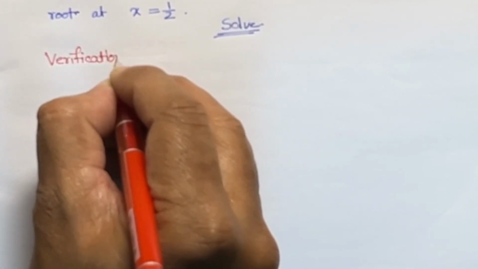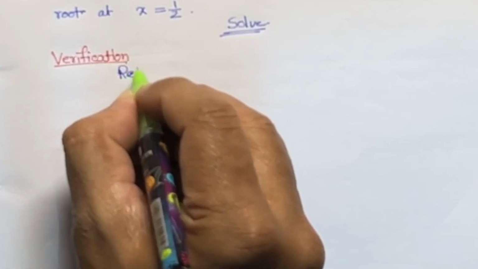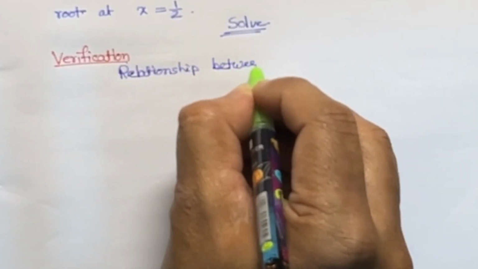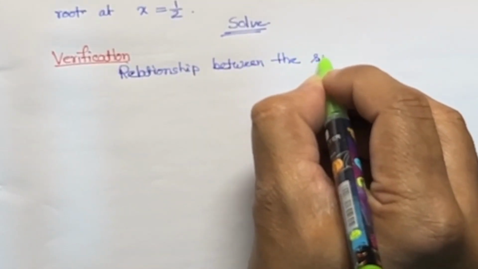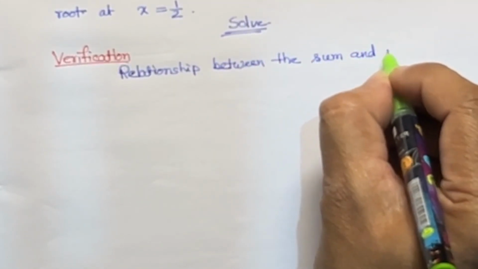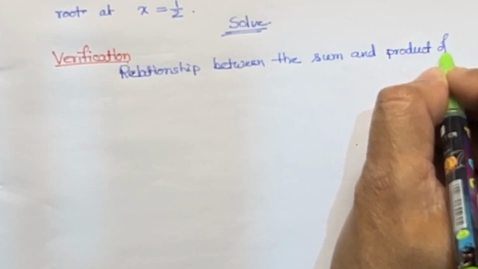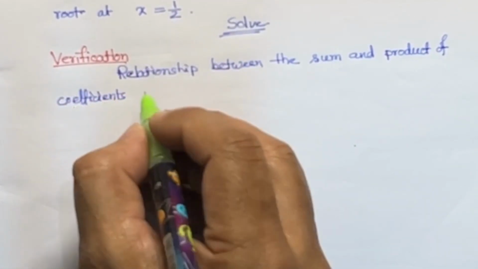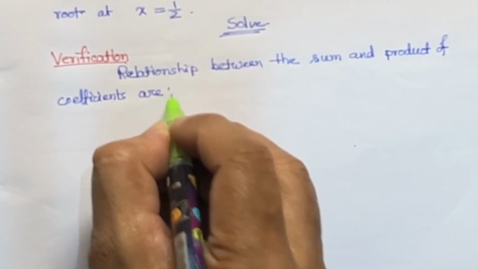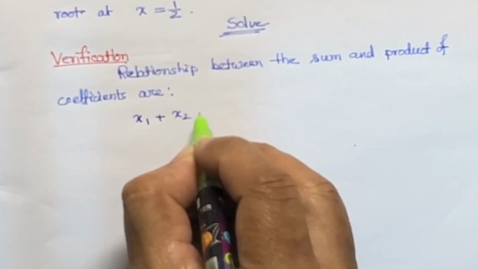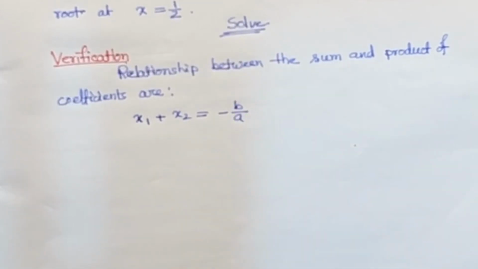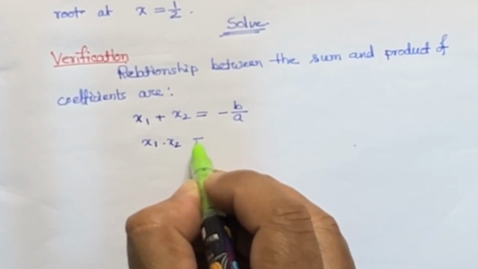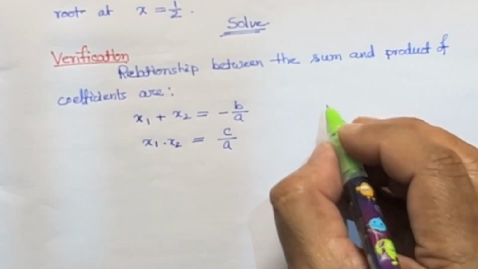Now let's try to verify the quadratic equation. So we already know the relationship between the sum and product of the roots and the coefficients of a quadratic equation is x1 plus x2 equal to minus b by a and x1 into x2 equal to c by a.